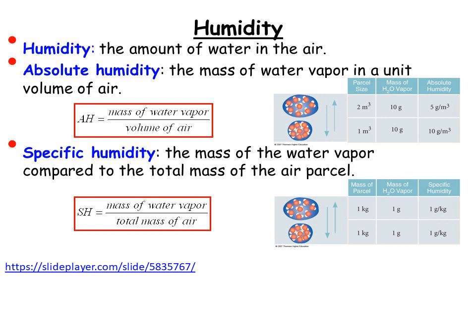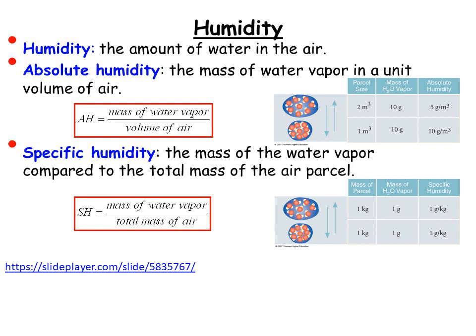So dito naman sa specific humidity, if you will look at the illustration sa right, pareha sila ng mass of water vapor, which is 1 gram and 1 gram. The mass of the parcel is 1 kilogram and 1 kilogram. Even though mas malaki yung volume nung nasa taas at mas maliit yung volume nung nasa baba, pareha lang yung kanilang mass or bigat. That is why yung specific humidity parehong 1 gram per kilogram and 1 gram per kilogram.